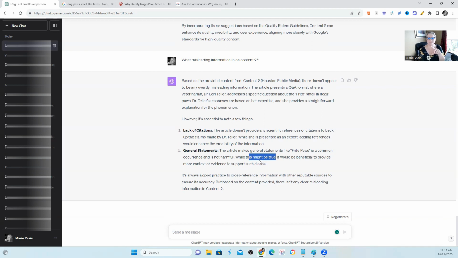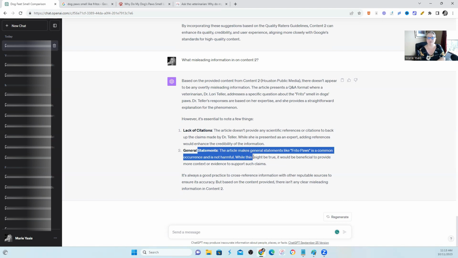Now, this reminds me of when we were back in school and we were asked to write reports, and we had to make sure we were actually citing the sources to back up what we were trying to say. After ChatGPT read the Google quality rater guidelines, it specifically pointed out that there's a lack of citations and that we're making general statements. However, we're not citing any sources and we're not backing it up.